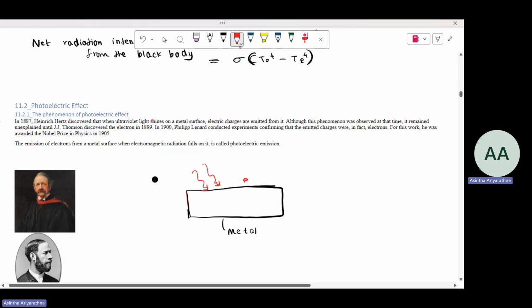And in 1900, Philipp Lenard conducted the same experiment and showed that these electric charges are emitted from the metal sheet due to these electromagnetic waves.